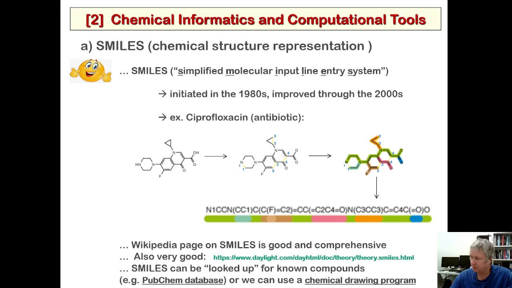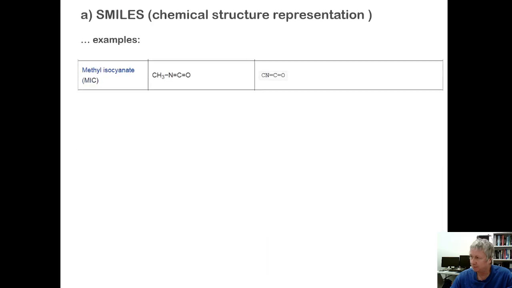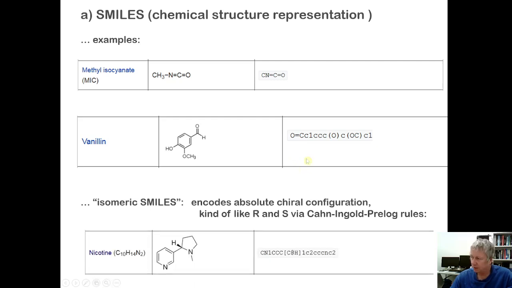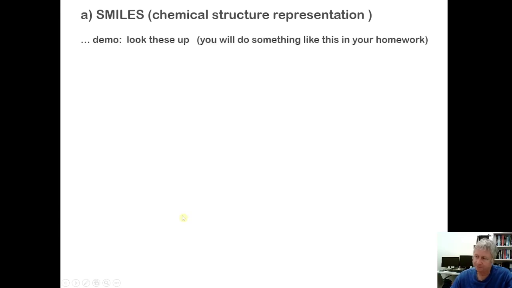Let's keep going through what we saw last time. We did some different molecules, including vanillin, showing how it seems like a pretty general approach. And if you have chiral centers, the chiral centers are encoded with this little bracket terminology, and it's called isomeric SMILES.